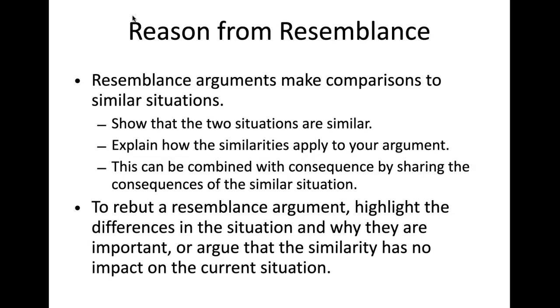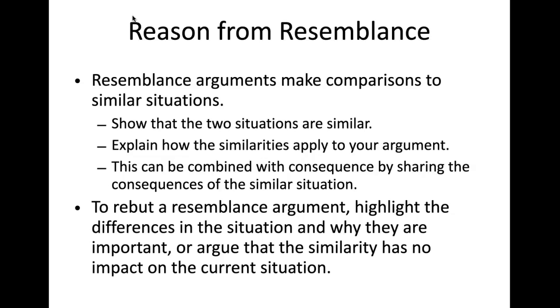Finally, a third type of reason is a reason from resemblance. These are analogies or comparisons. They use comparison and contrast as a basis for how to write. They show that two situations are similar in some way, and then they explain how the similarities apply to the argument. Or conversely, they might also look at how the differences apply to the argument.